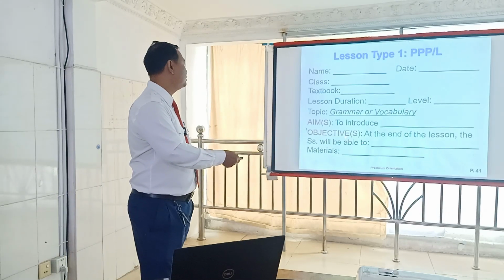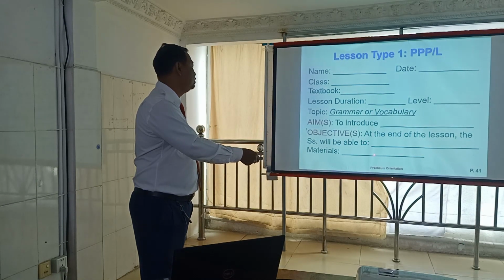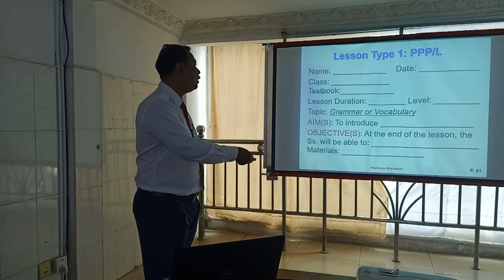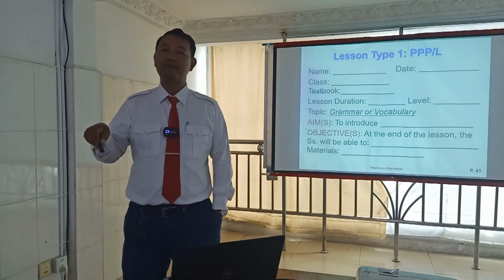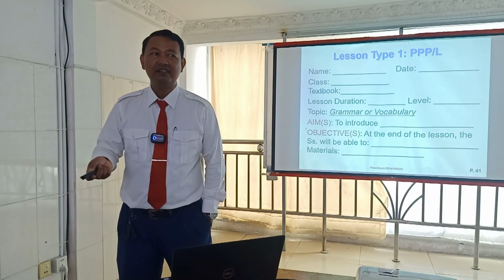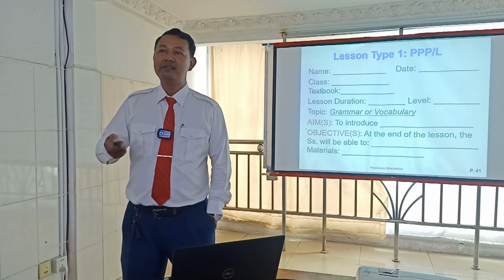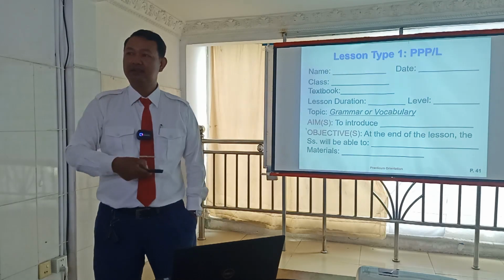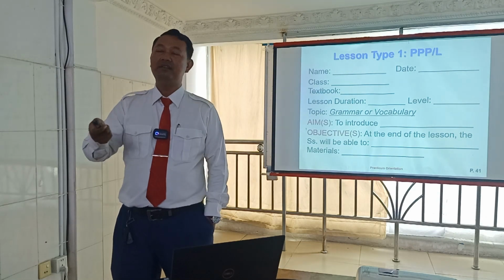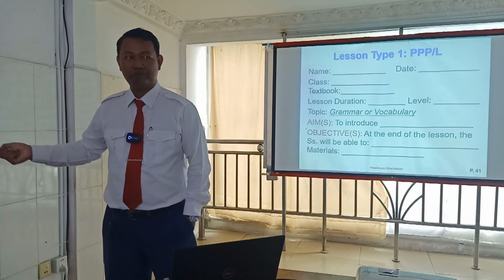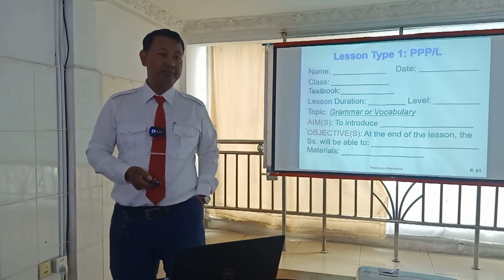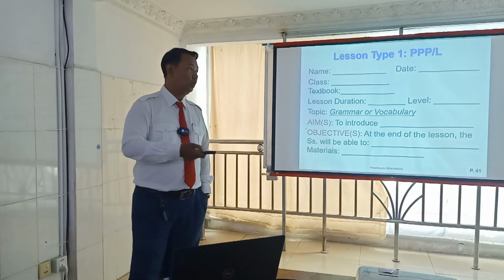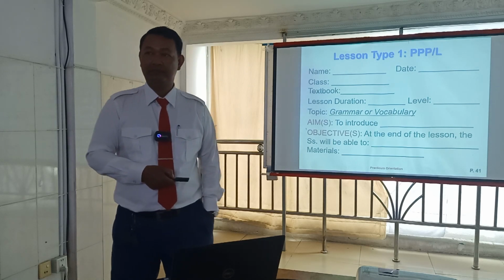When you teach your students a grammar point, the students can use the grammar point correctly or clearly, and also the students can speak, or can read based on the skill, all right? Can read the story effectively or correctly. There can be more than one objective in one lesson. It's based on your lesson type. Okay?